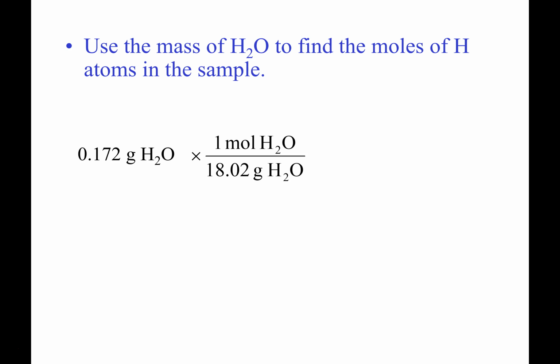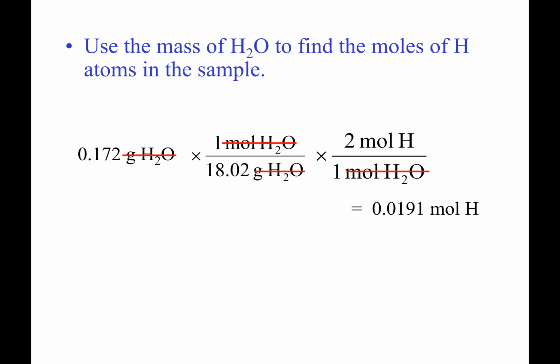So what does the next term look like to get to moles of hydrogen from moles of H2O? 2 moles of hydrogen for 1 mole of H2O. I agree, 2 moles of hydrogen for 1 mole of H2O, perfect. 3 sig figs?